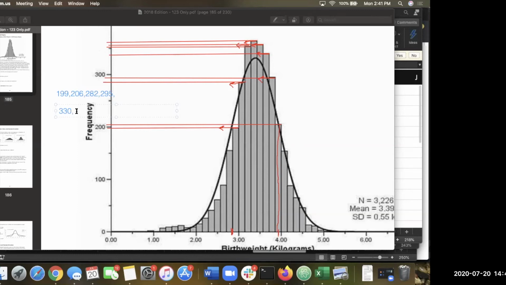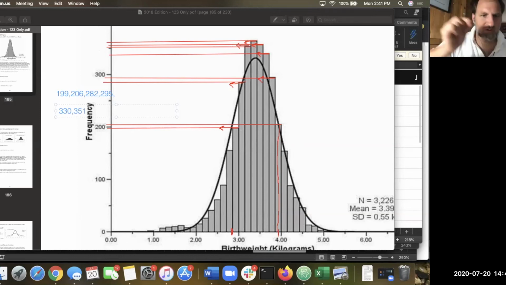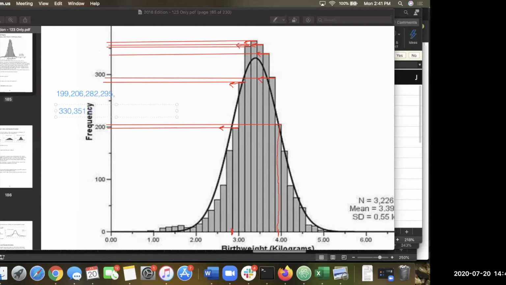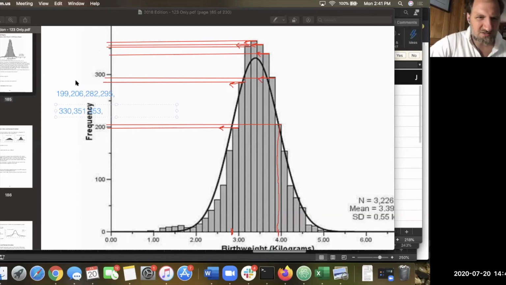So maybe 351. Okay. And then just a little bit above that. 353. Okay. And then let's kind of get some perspective towards the top. I really want to zoom out because all my lines are matched up on there. 360. Okay. Okay, go ahead and add up all those numbers.